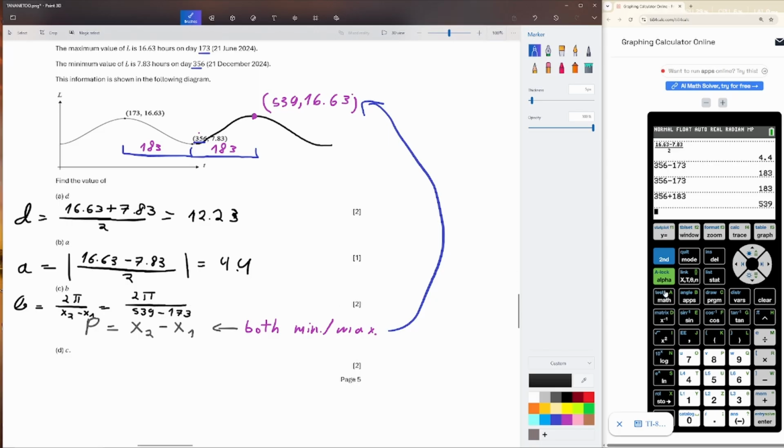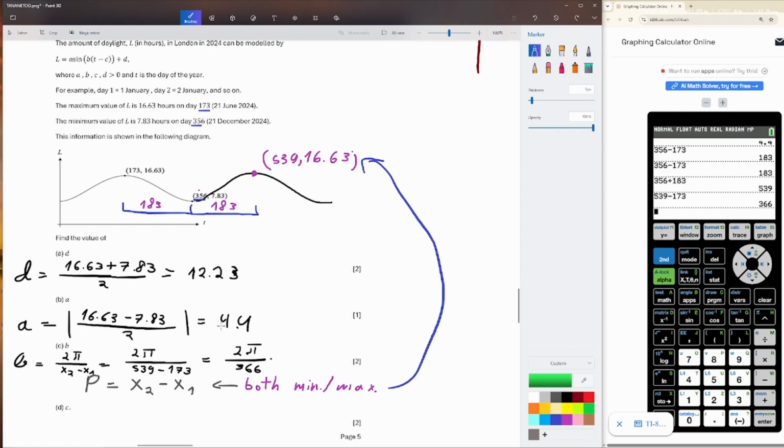Obviously this will be a very small number, and the trick over here is that you don't have to fully write it out, meaning that you can do your 539 minus 173, and then you will get 366, and then you can just leave it as 2π divided by 366, because if you divide with π it gets messy and there is no need for you to do this, and this is your final answer for your B as well.